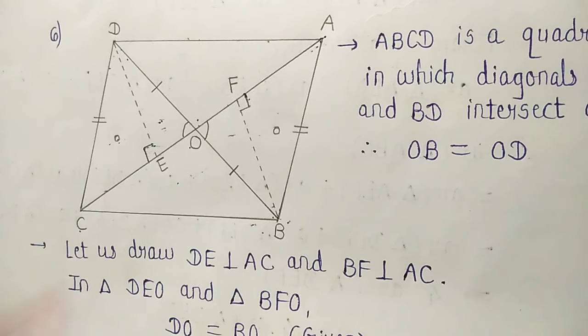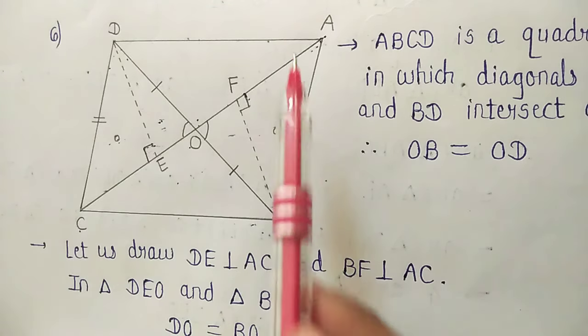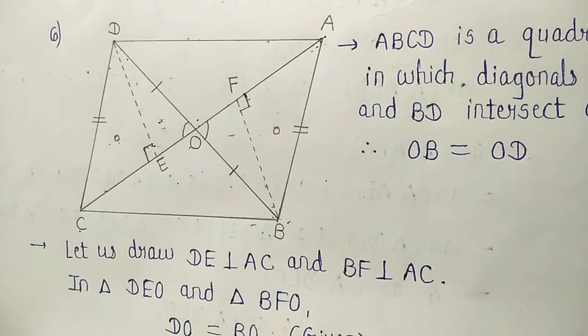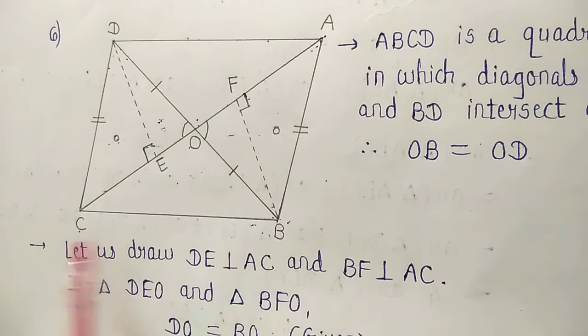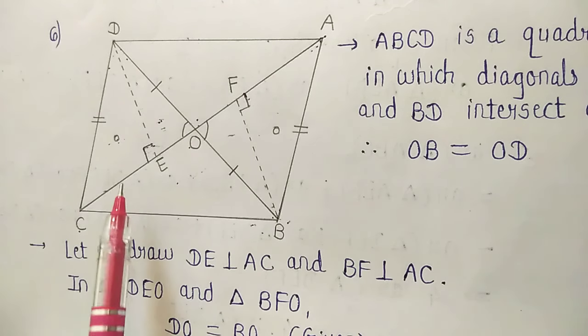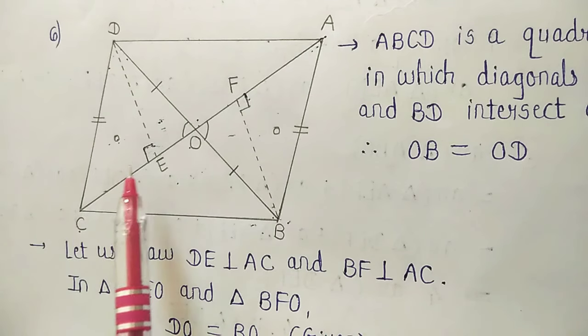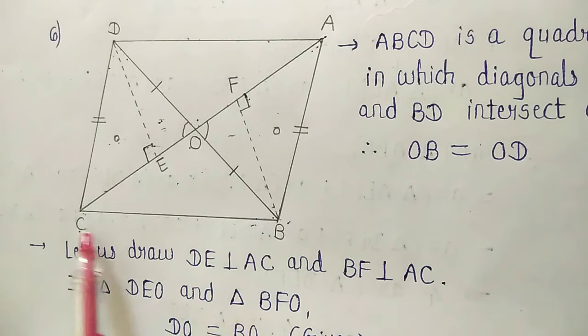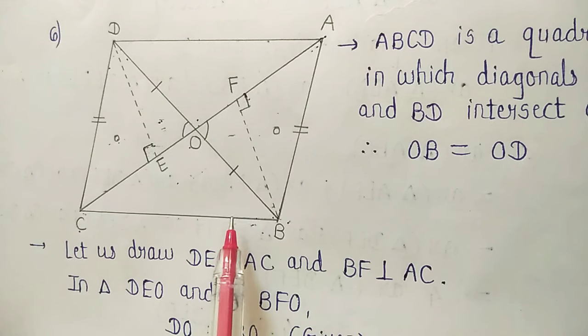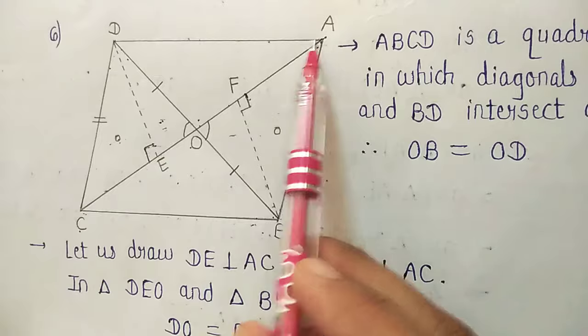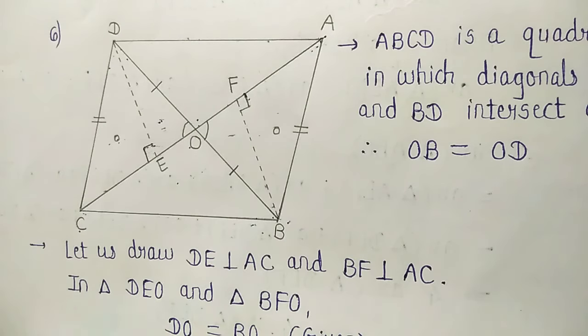Just now we have proved that area of DCB is equal to area of ACB, right? Now we have learned theorem 9.3: two triangles having the same base, here CB, and having equal areas lie between the same parallels, which means AD parallel to CB.